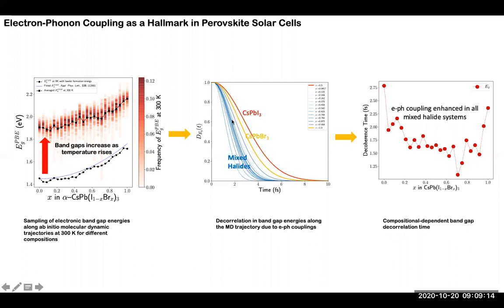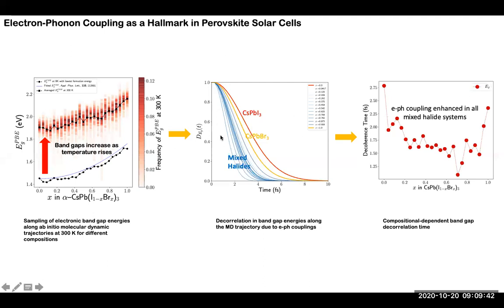And so there's a dephasing term in how the band gap changes over time. And if you analyze the data in more detail, which we're not going to go through here, you can find that for pure iodide and bromide, the dephasing time is much longer than any other composition with mixed halides.